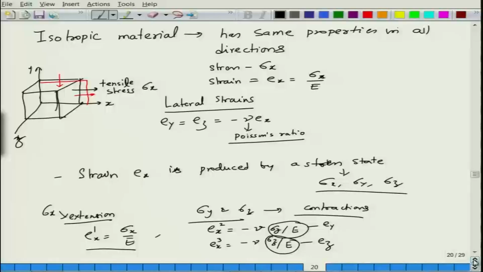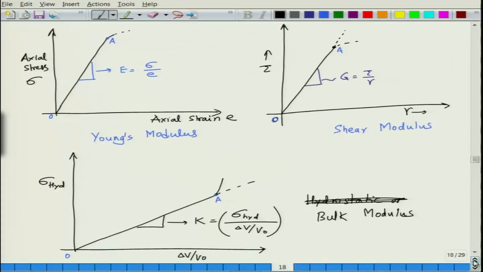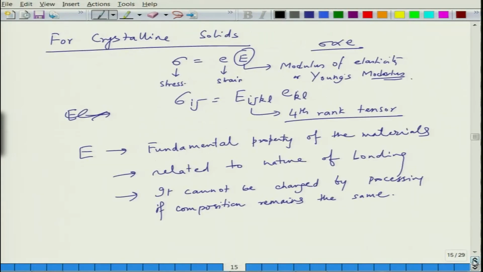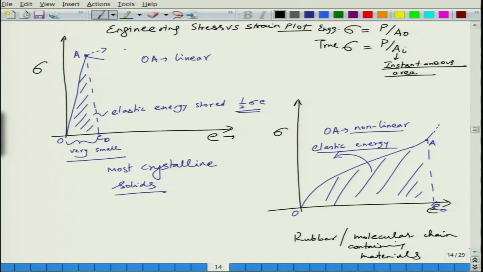So, basically what we have done in this lecture is we first went into defining the elastic properties. We saw that elastic behavior of metals, ceramics, and crystalline solids is generally up to very small strain, showing a linear region from which you can calculate the modulus of elasticity, because the slope of stress versus strain is the modulus of elasticity.